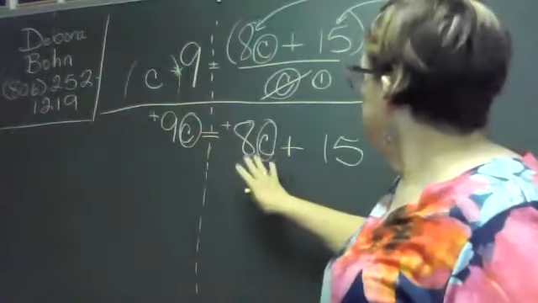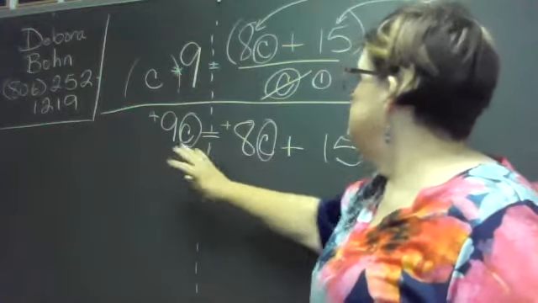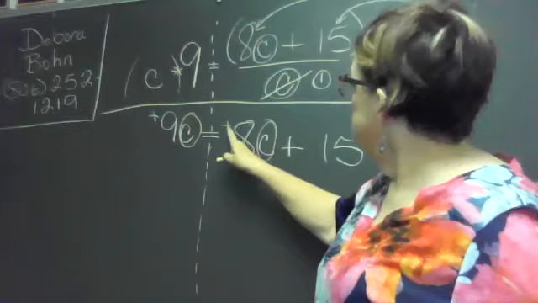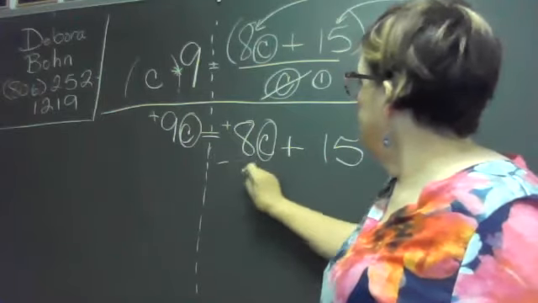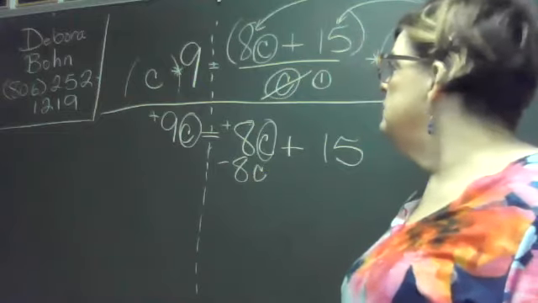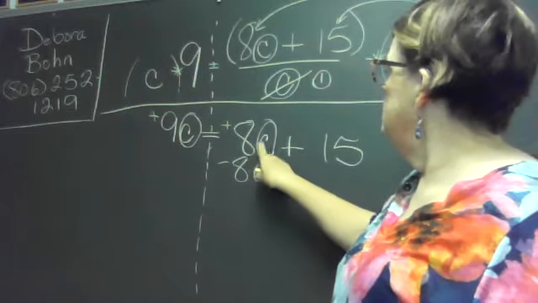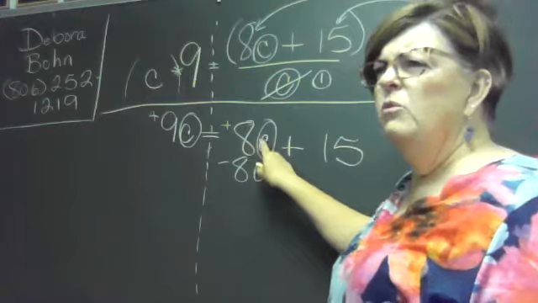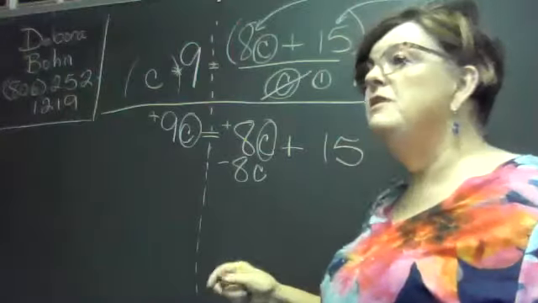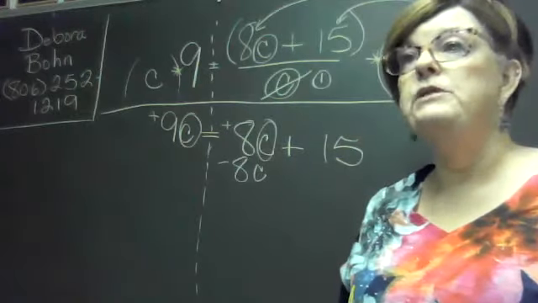So since I want to get the C's all on one side, that means I have to get it off of one of the sides. Since this is a plus 8C, I'm going to minus 8C. Now, again, this could be confusing because all the time we had a number and a letter together, we divided. But you have to think of what you're wanting to accomplish.